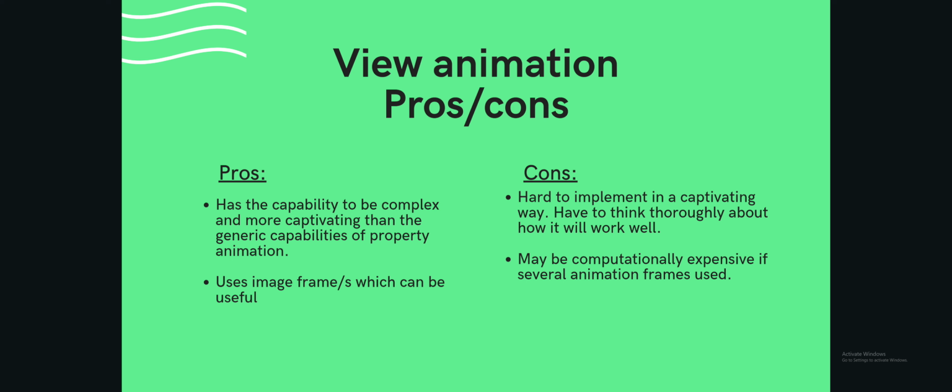And in my opinion, I would use property animation for simpler things. So property animation I would use for things such as buttons, navigation, very small user experience things that improve the user experience.